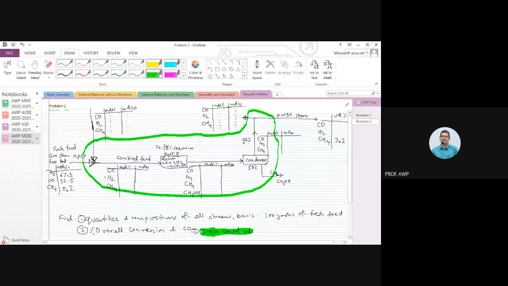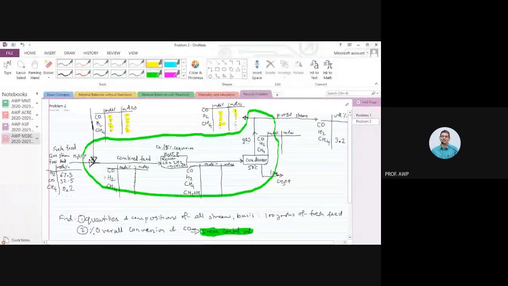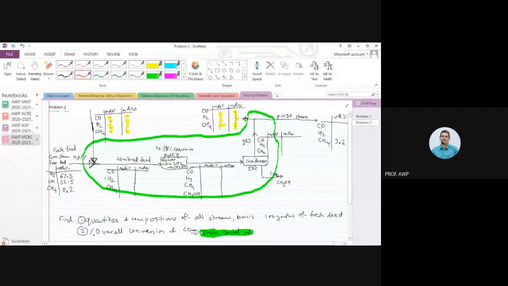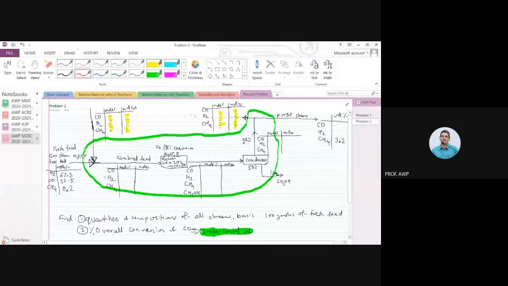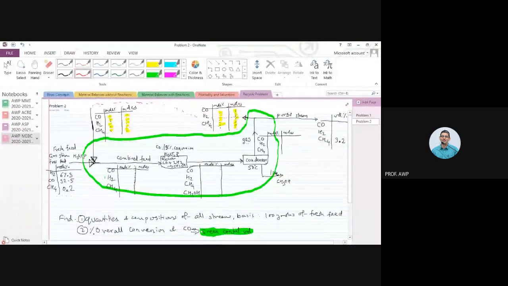Okay, but then at the end we will put constraint that the composition and quantities of the stream coming into this green control volume and the quantity and composition of the stream going out of this control volume, they are the same, because in reality, it is this same stream that we have broken into two parts. Okay, so that consideration we will keep in mind.